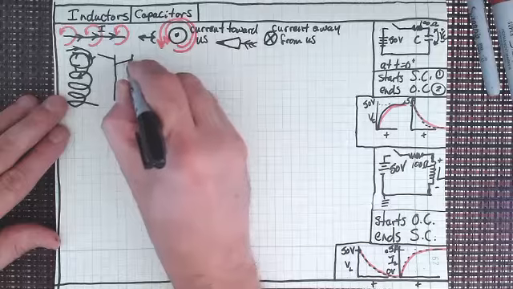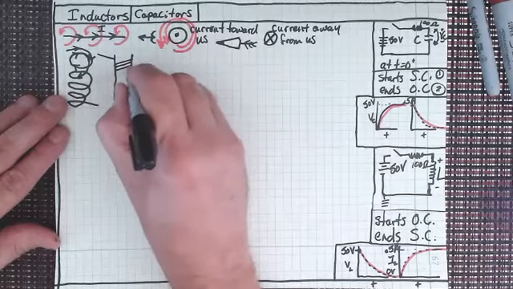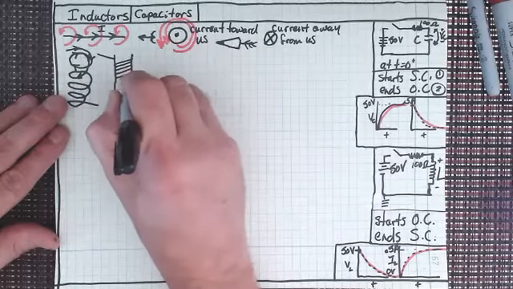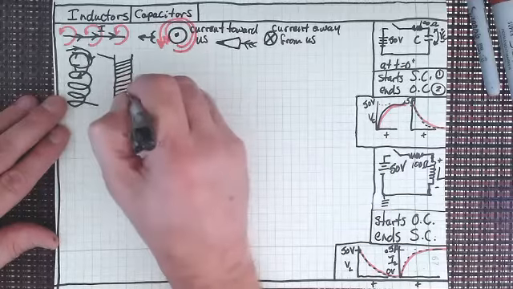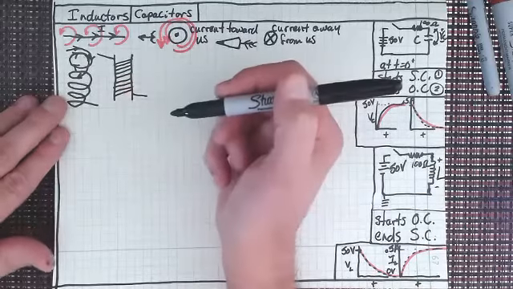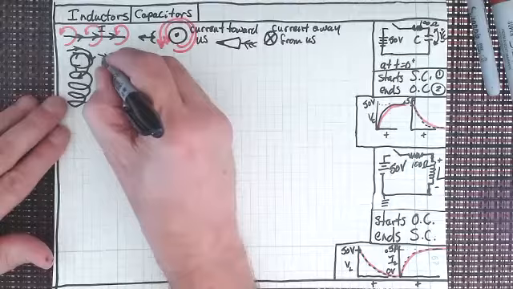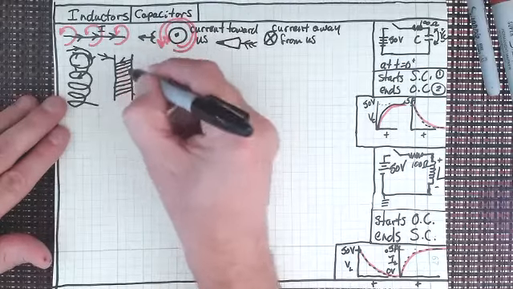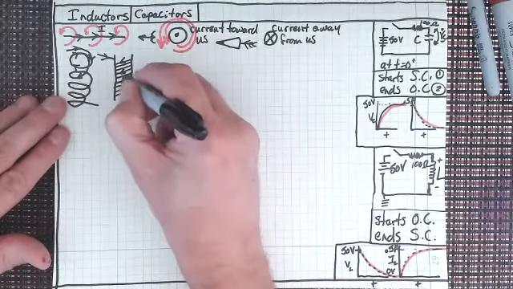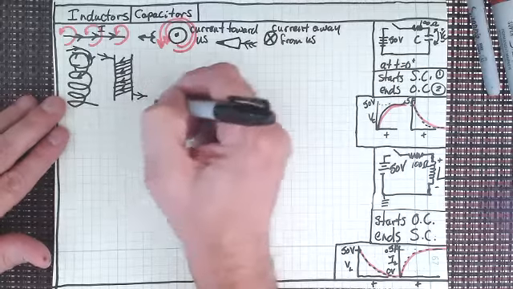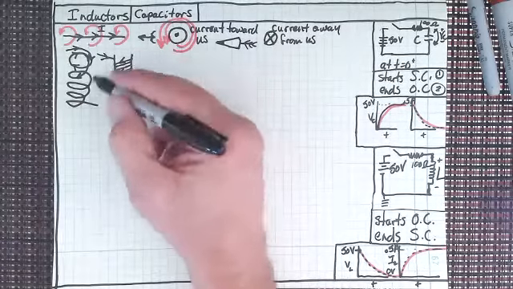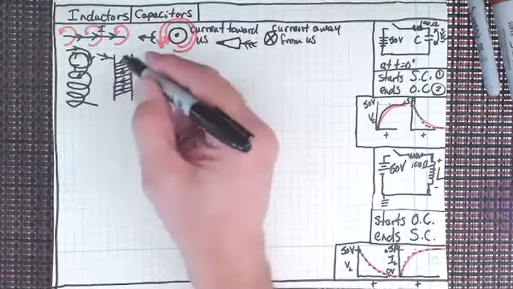I'll try and draw it better in 2 dimensions than I did in 3 dimensions. And I've got wire wrapped around there, and my current is still flowing through. In fact, everybody can see that if it goes like that, then it's going to come out the other end. So I've got my current flowing around there.